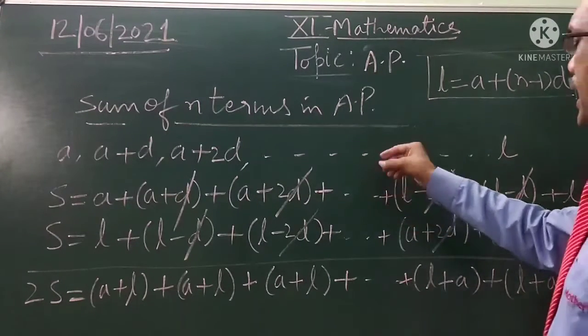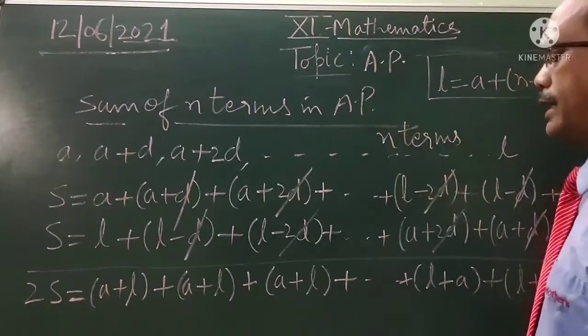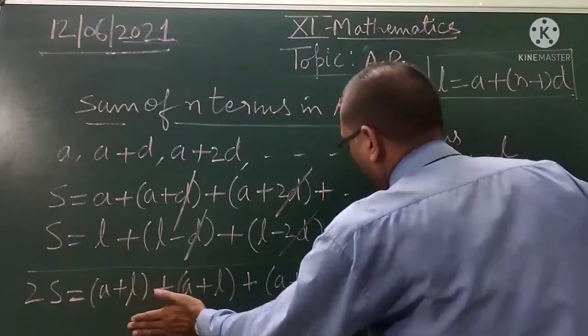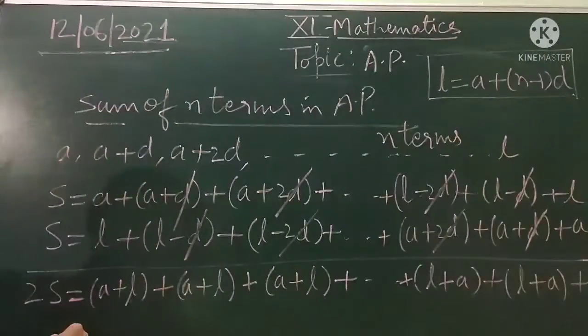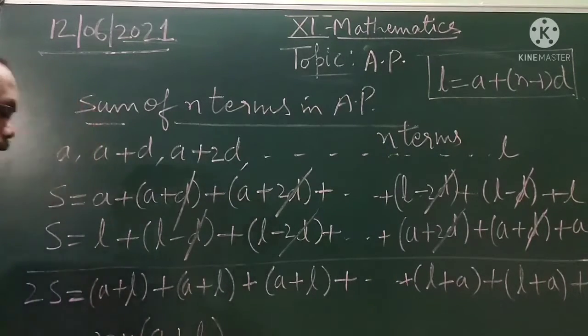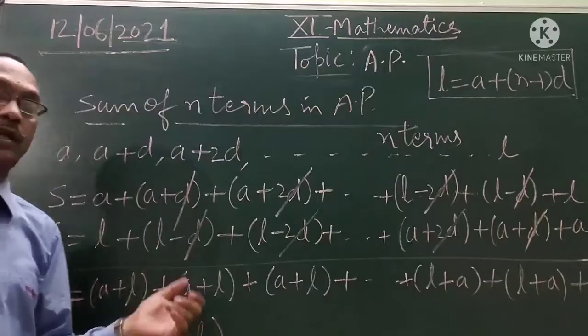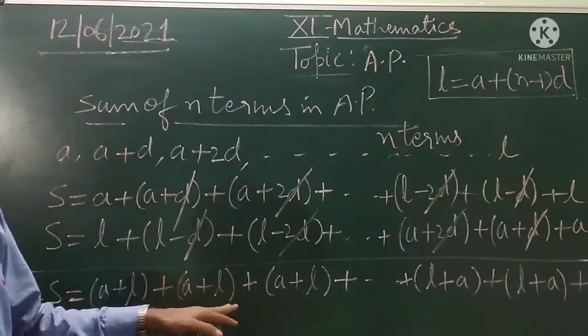Student, as you know, there are n terms. So if we add all these similar terms, their addition will be n into (a plus L). It is the repetition of the same terms, and the number of terms is n.